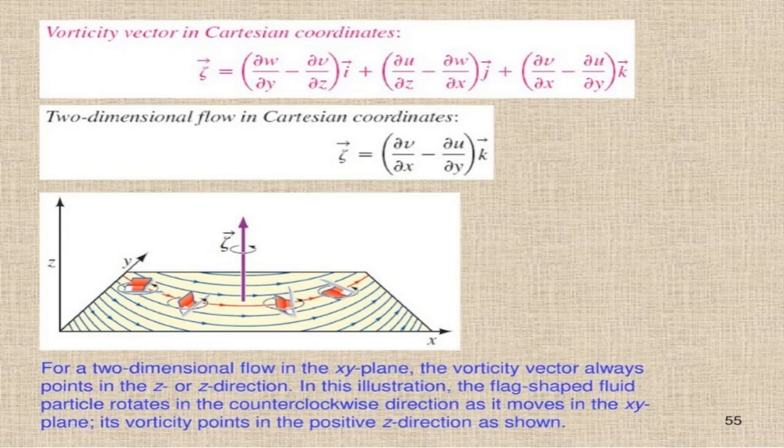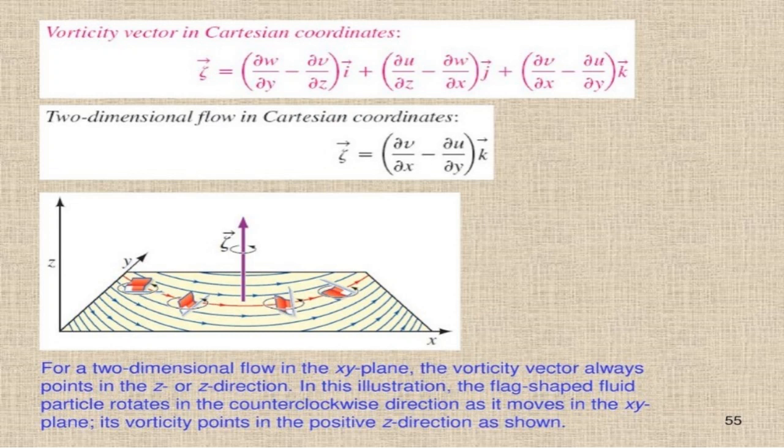Sometimes, depending on the geometry, instead of Cartesian coordinates, we may have to use cylindrical coordinates because it's easier, especially if the flow is circular. In the case of cylindrical coordinates, we will be using some other mathematical nomenclature, but in 2 dimensions, we have just the vorticity of this.